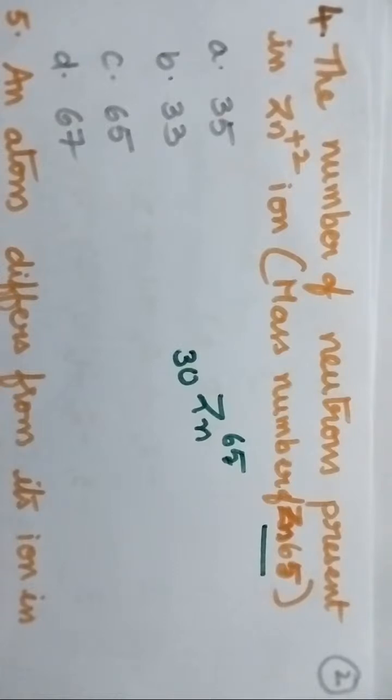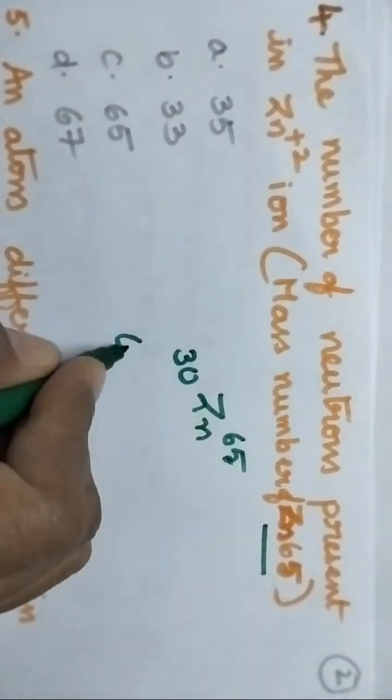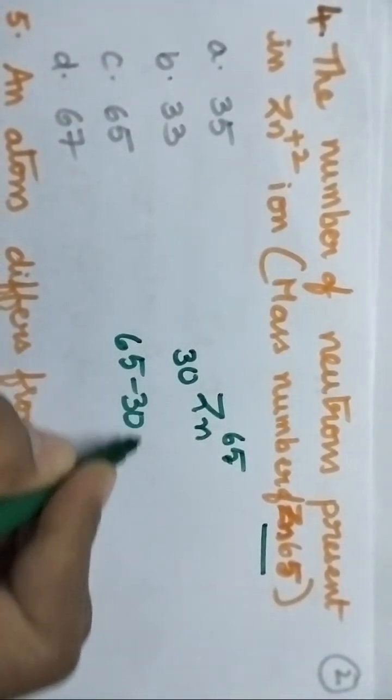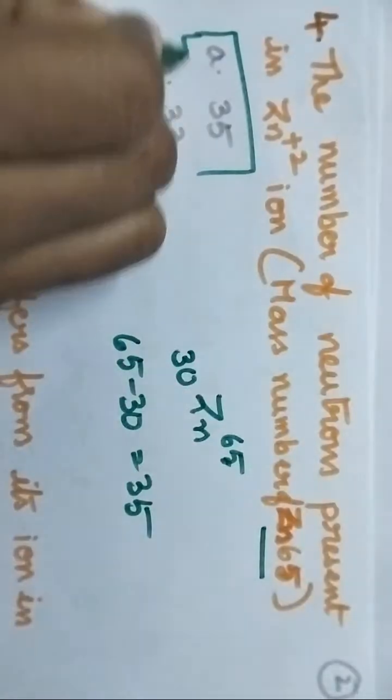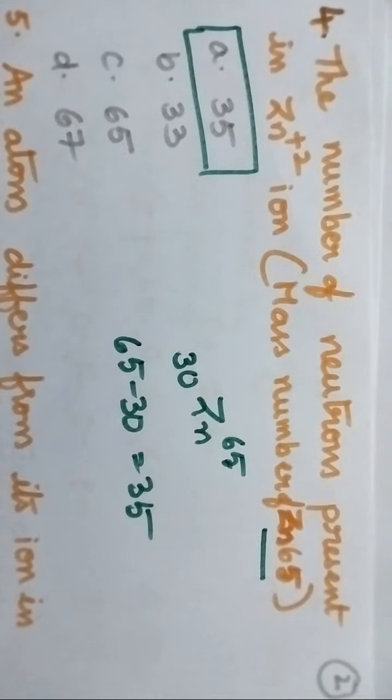Mass number minus atomic number gives the number of neutrons. That is the hint. Tilak, very good. So 65 minus 30 is equal to 35, and hence option A is the right answer. Clear?